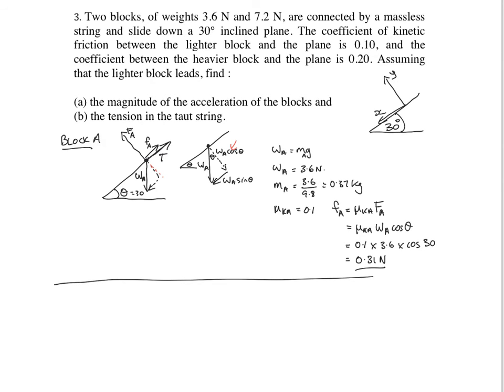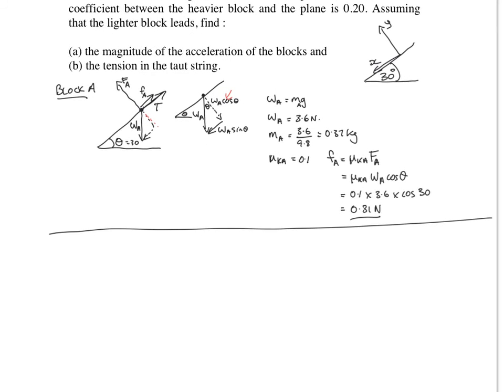We can rule a line under that and move on to block B. What's happening with block B? Again, we have to draw a force diagram, and it's going to look something like this. At 30 degrees, I won't write that in again. You're going to have the normal force of B. You're going to have friction acting back this way again.